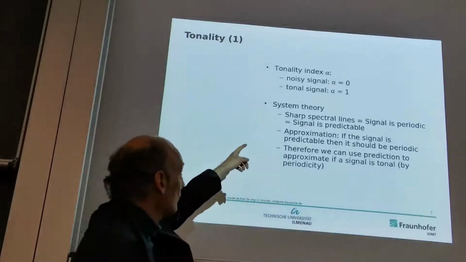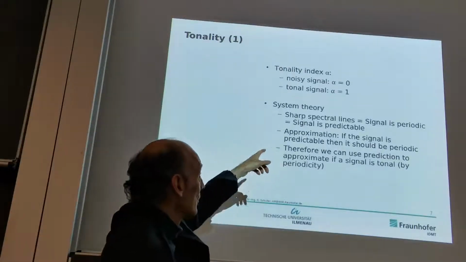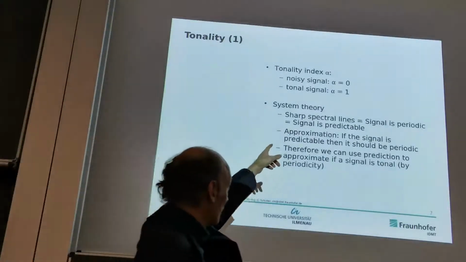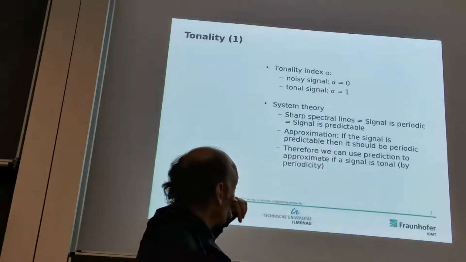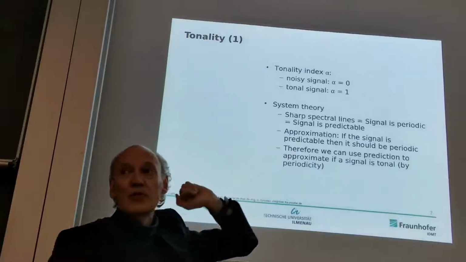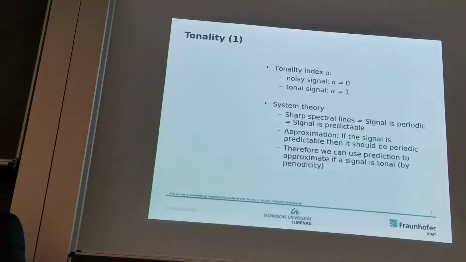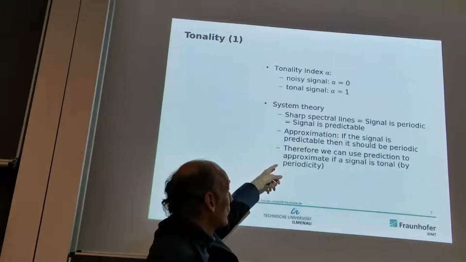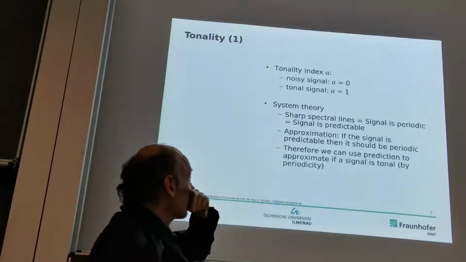And in system theory, sharp spectral lines means we have a periodic signal, and that's tonal. Right? And that also means it's predictable. So if the signal is predictable, then it should be periodic. If you can perfectly predict it, that means you have some sort of periodicity. So therefore, we can use prediction to approximate if a signal is tonal or not.